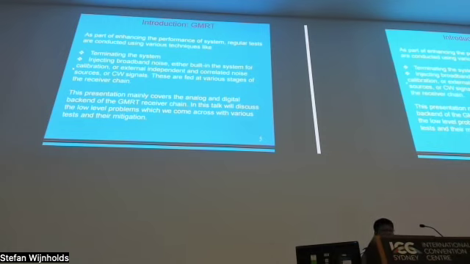These are injected at various stages. This presentation mainly covers the analog and digital backend of the GMRT receiver chain. In this talk, we will discuss the low-level problems we came across with various tests and their mitigations.